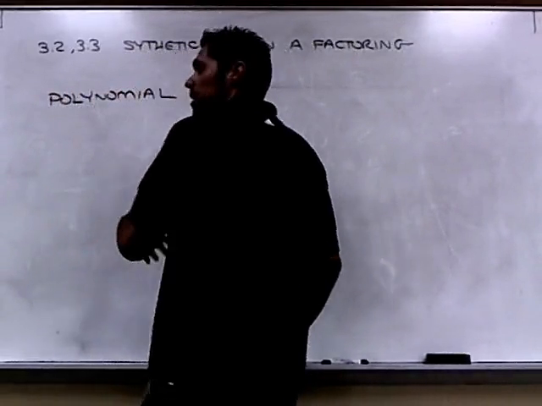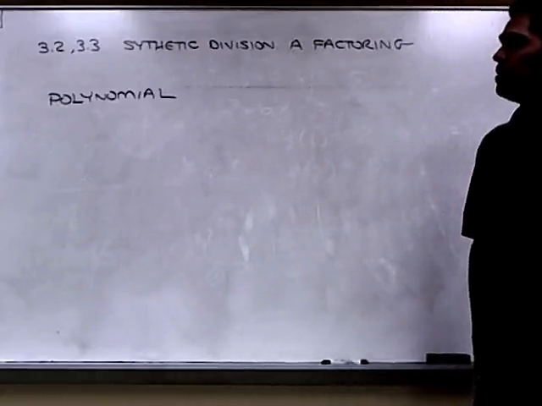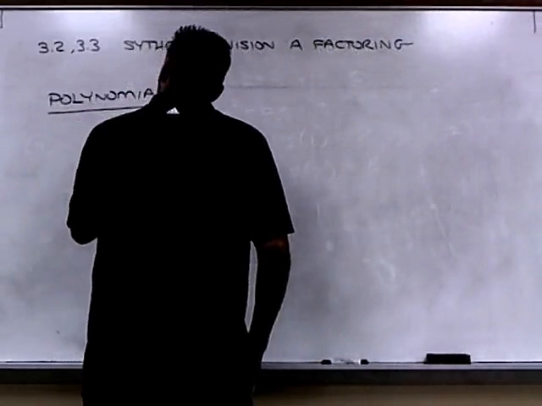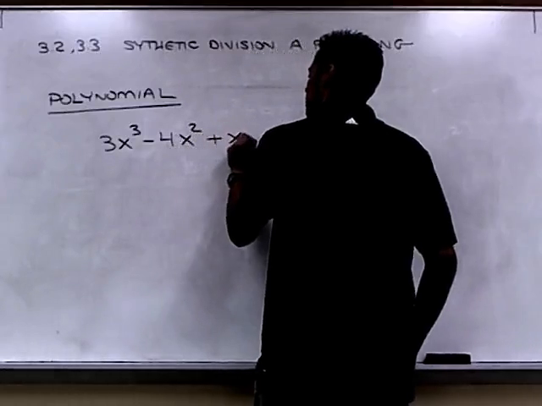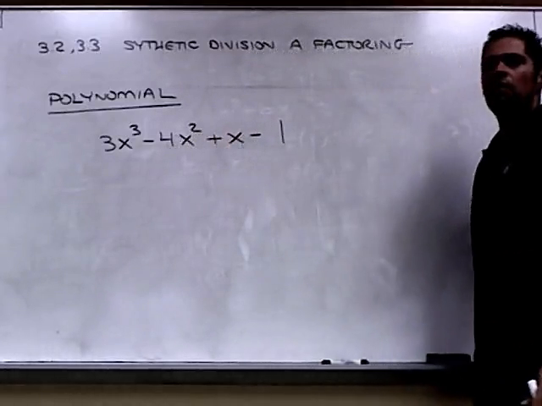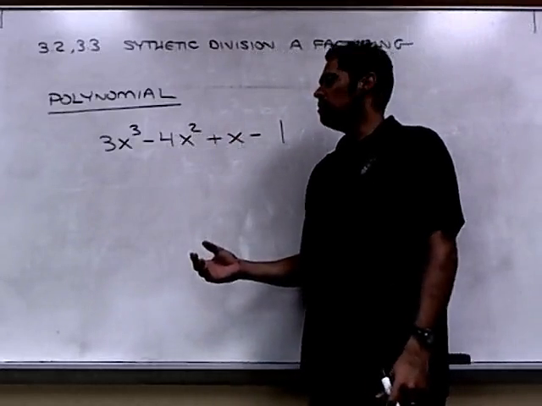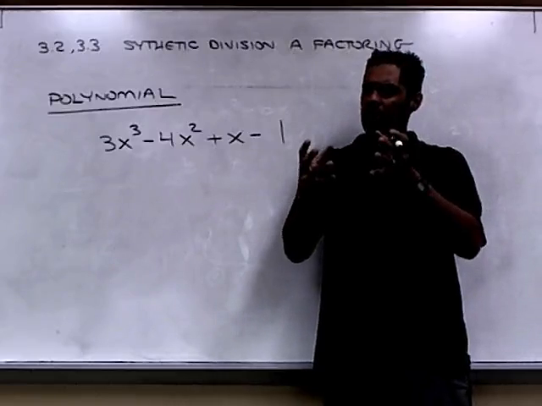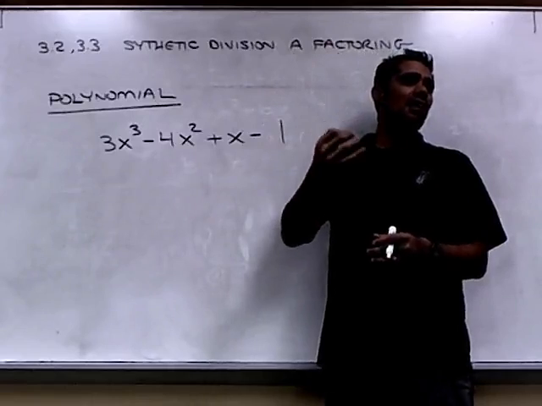A polynomial, again, is something you have seen. But now when we talk about polynomials, what we're going to be looking at are things like this. 3x cubed minus 4x squared plus x minus 1. That is a polynomial. Poly meaning many. Nomial, remember like binomial, trinomial? Binomial meant 2 terms. Trinomial meant 3 terms.